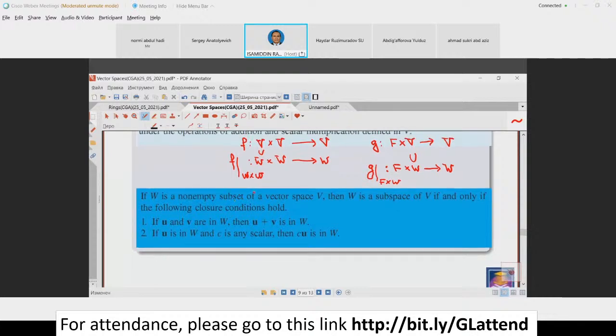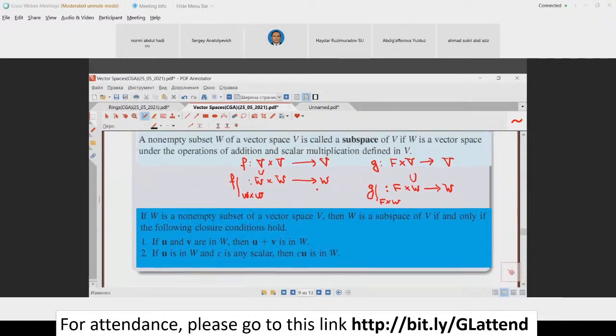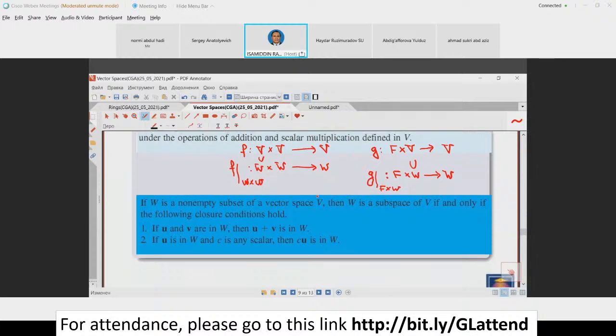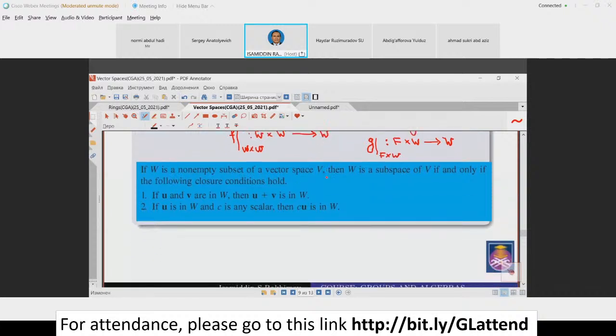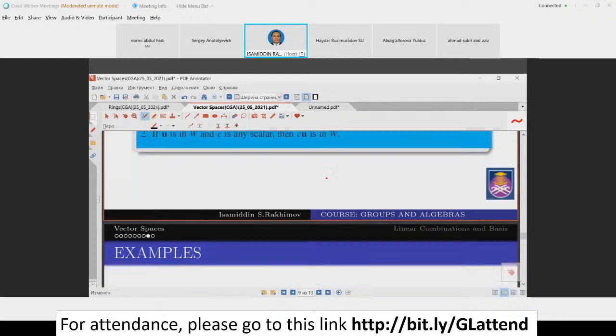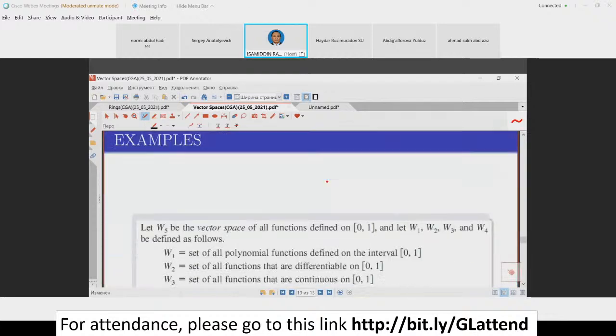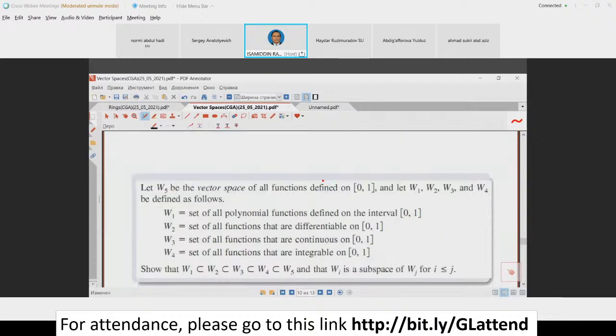It is a subspace because the other axioms, the interrelation between these two operations, automatically hold. Why? Because any element of W is an element of V, so the axioms hold for elements of W also.